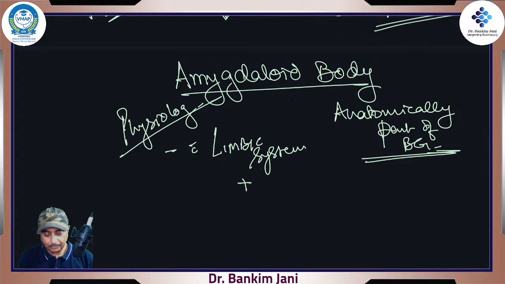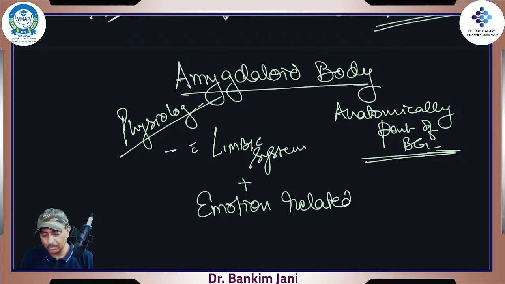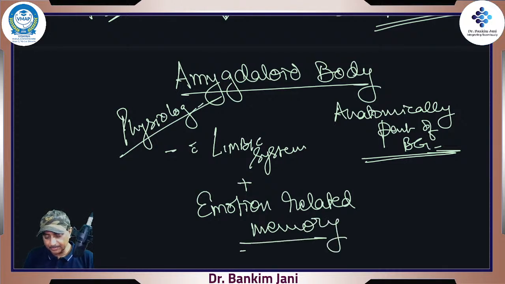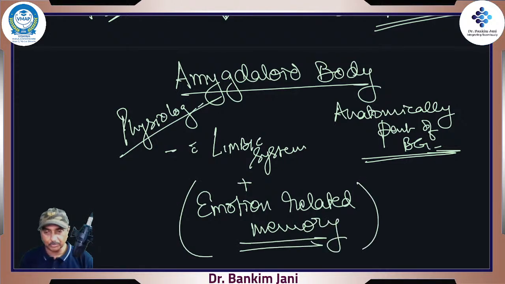Plus, when it is the limbic system, it is related to emotion related memory. How important? That's the reason when the memory is emotion related, we go to someone's place, and if that lunch or dinner is very good, and if there is any associated event, we always remember it, because emotions are involved.